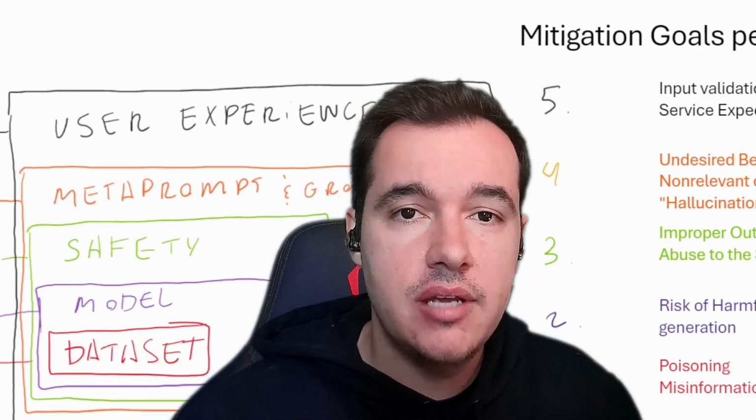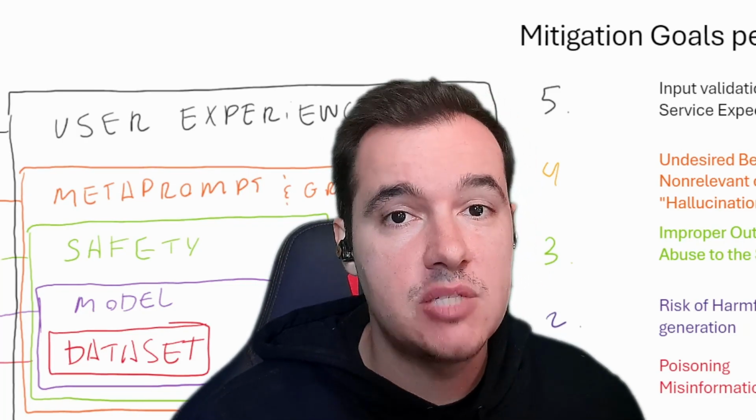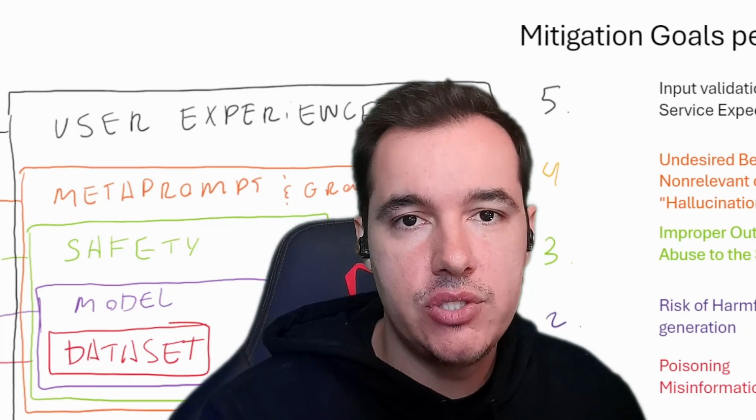And lastly, input validation and service expectations with regards to the user experience. So with that, I hope you now have a better idea of how to properly mitigate harmful content and mitigate issues when creating and generating your own generative AI solution.